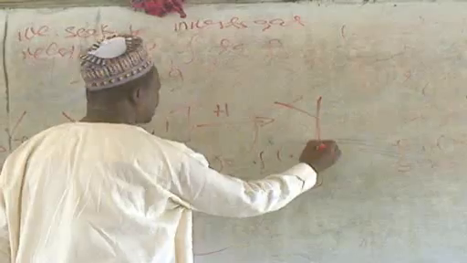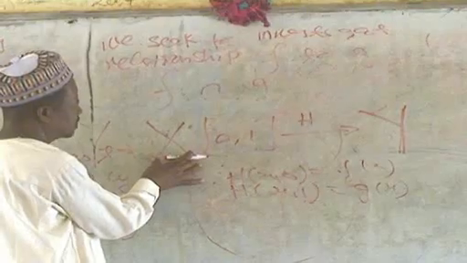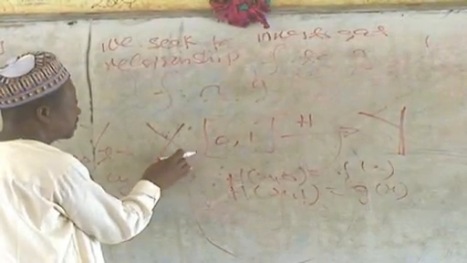So you have two topological spaces, X and Y. You wish to transform a mapping.